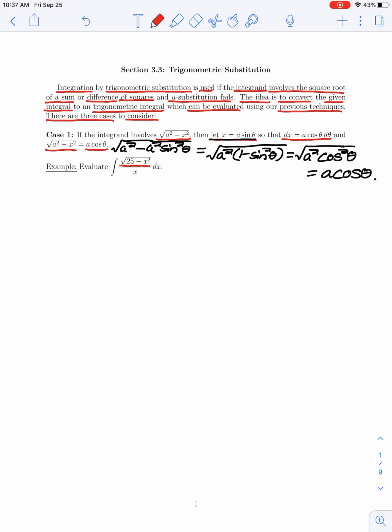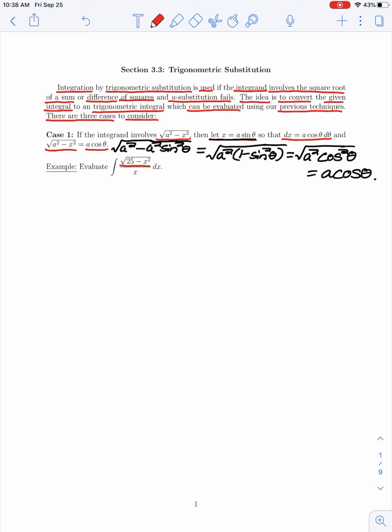Now, I could try using a u substitution here, since my integrand involves a composite function, but we'll find that if we were to try a u substitution, we get stuck with these extra factors of x that can't be canceled out nicely.